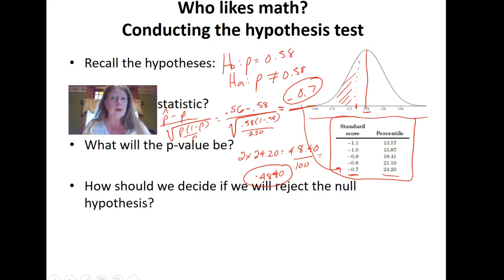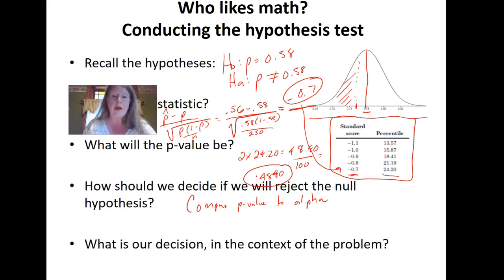How should we decide if we're going to reject the null? Well, we're going to compare our p-value to alpha. Sorry about my writing. Remember, if the p-value is less than or equal to alpha, we're going to reject the null. If it's greater than alpha, we're going to fail to reject the null.